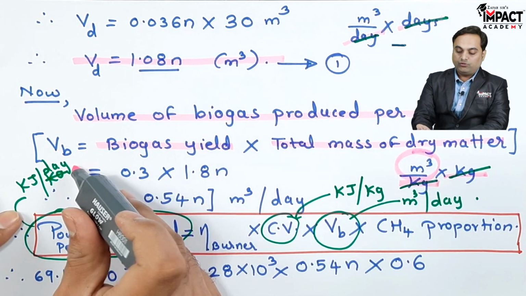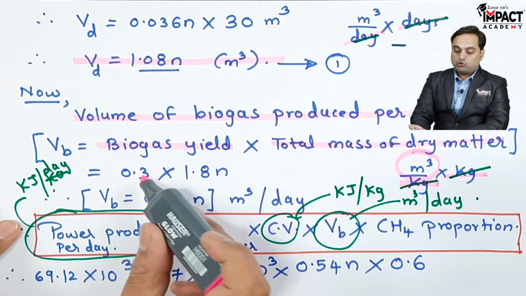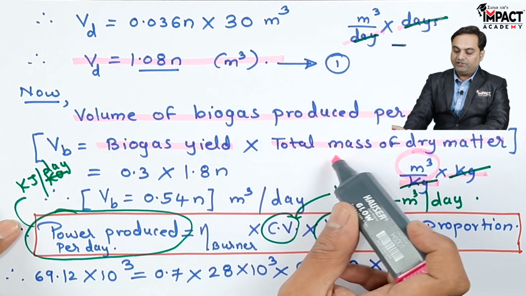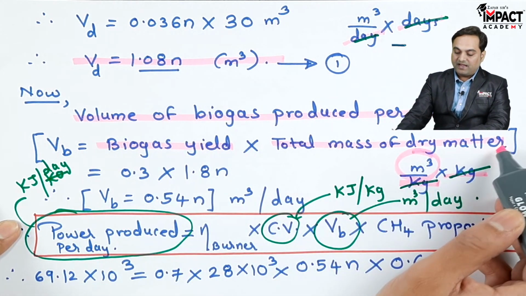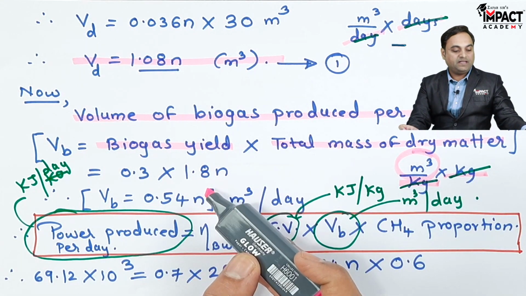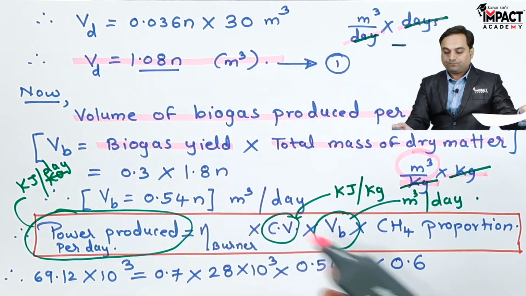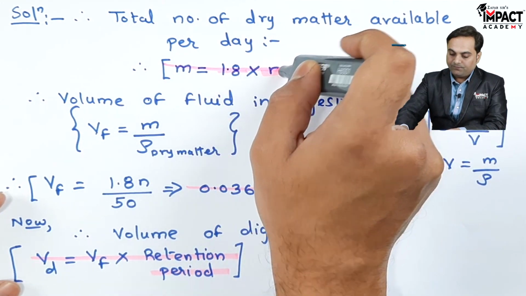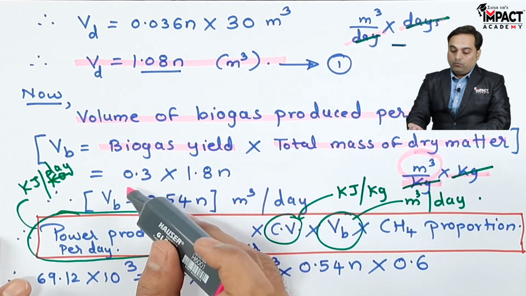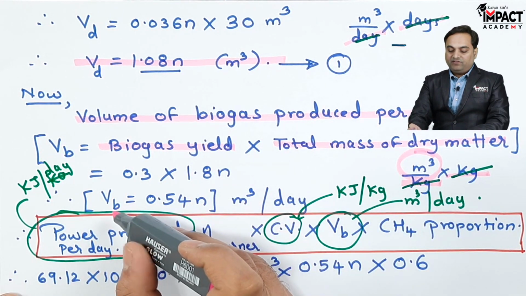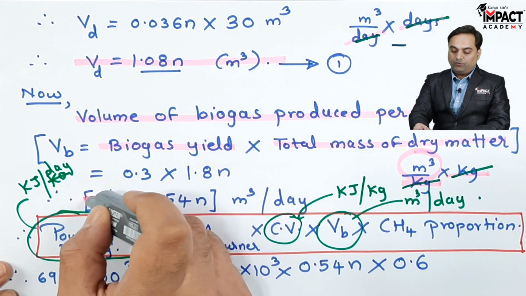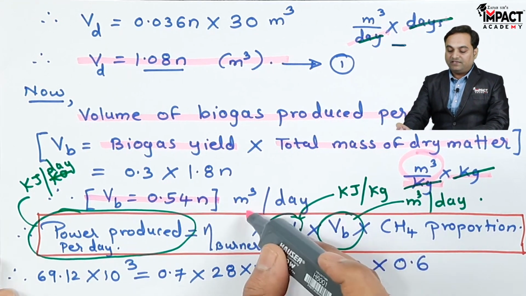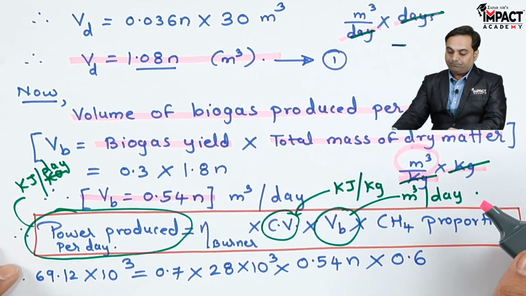That will be the unit of volume of biogas. So it is 0.3 given in the question, into total mass of the dry matter, 1.8 into n, calculated in the first part. When I multiply these terms, I get V suffix b, the volume of the biogas, as 0.54 into n, that is meter cube per day.